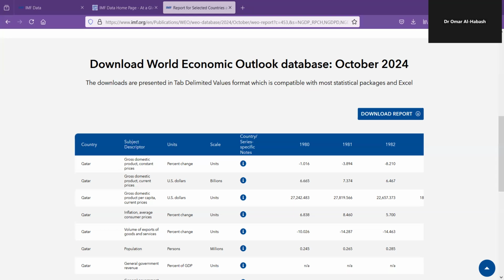Then we have US dollars in billions. You're looking at billions again. Let's go back to 2023. We're talking about 213 billions, so a little bit of reduction. Talk again about global economy issues.